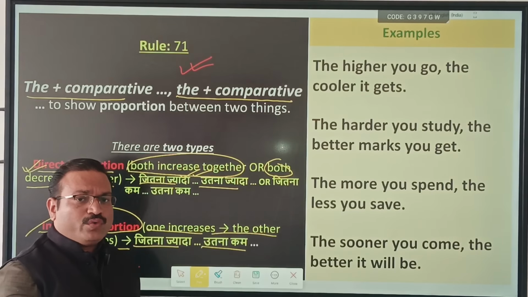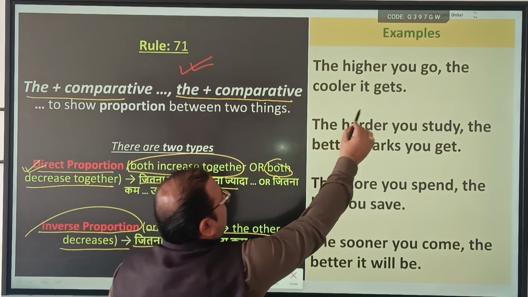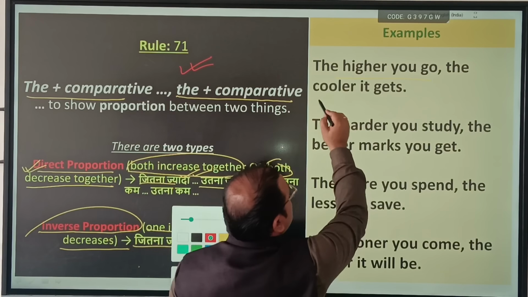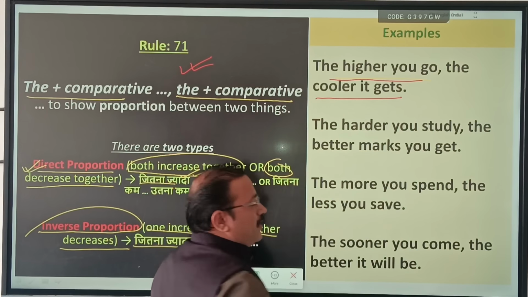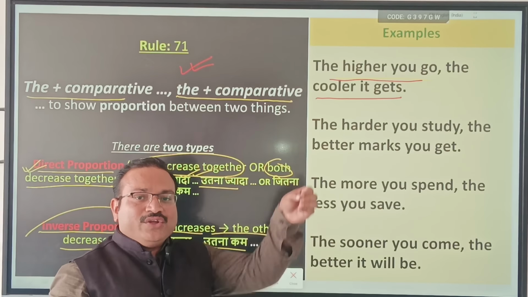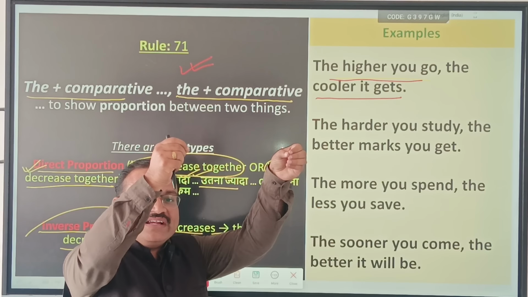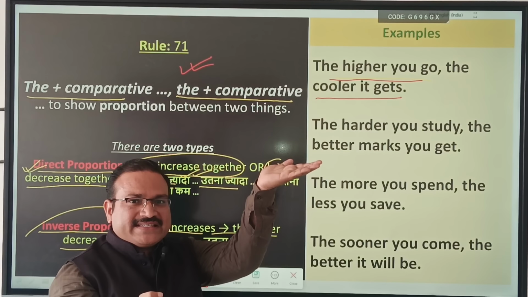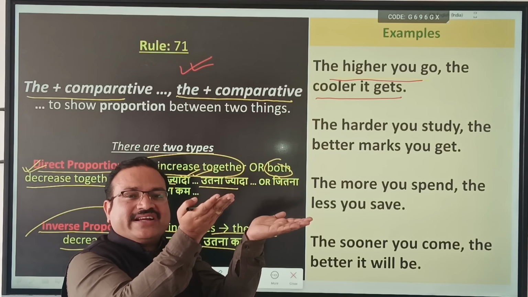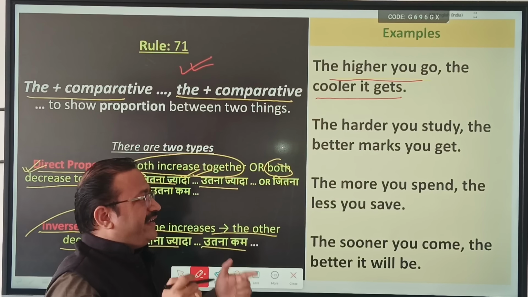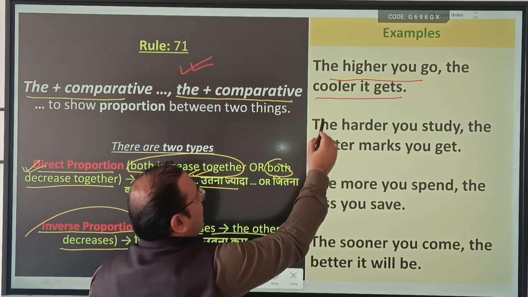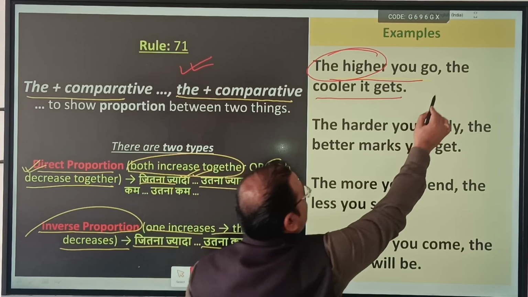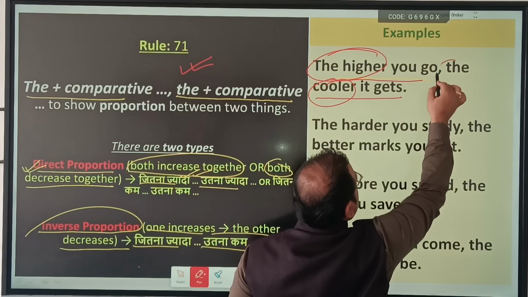Let us understand this rule with examples. The higher you go, the cooler it gets. Going and cooling: one is increasing, the other is also increasing. So in this case, what we are applying here: the higher, the comparative, and the cooler, you can see the comparative.